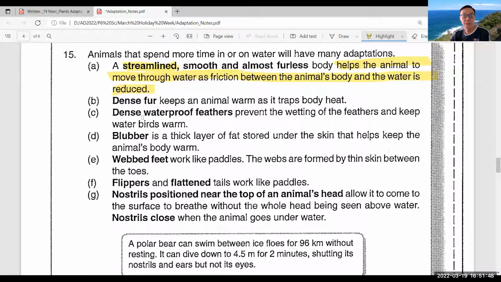These are structural adaptations. And also, for water birds, they have waterproof feathers that keep the birds dry. And blubber is a thick layer of fats stored under the skin of some mammals, like whales, to keep the body warm, especially in the very cold ocean.